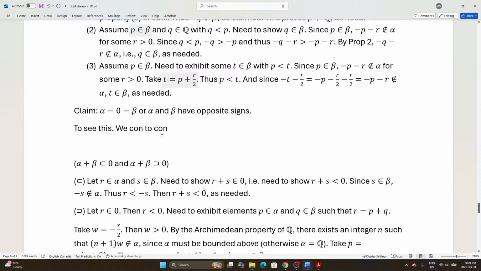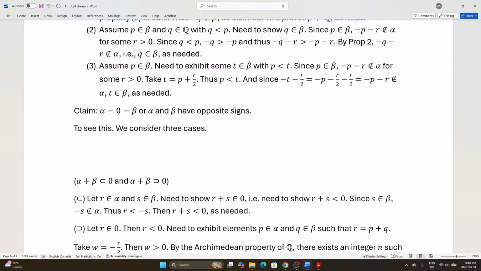We consider three cases. What are the three cases? The first one: case 1, alpha is 0. Need to show beta is 0.